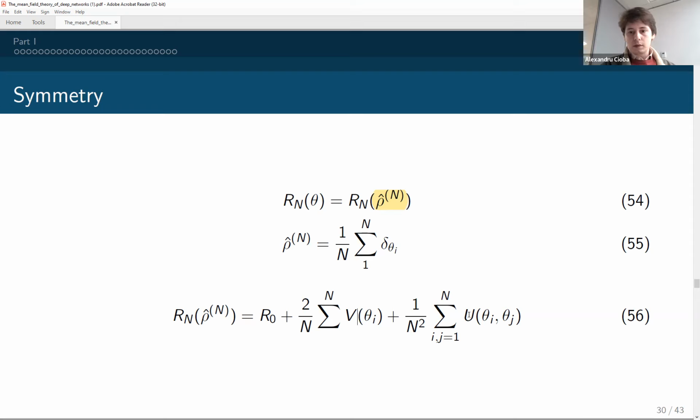It's still independently quadratic, I think, in these v's and u's, but these are not linear functions. So it's quadratic in this v of theta i potential and u of theta i theta j kernel. But the point is that you can find an expansion in terms of this for all individual parameters, even in a deeper network, but you might get some products coming in if you have deeper networks.